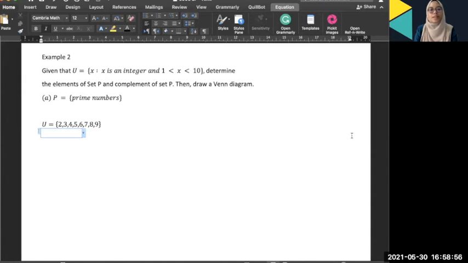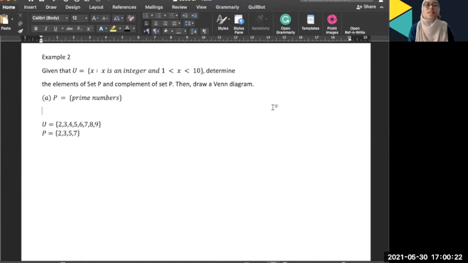Okay, for set P, it was stated here that the characteristic of set P is that it consists of prime numbers. Do you still remember what prime numbers are? Basically, prime numbers are numbers that cannot be divided by anything apart from 1 or itself.